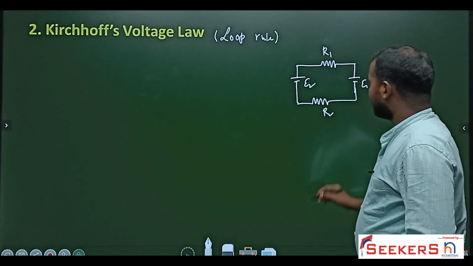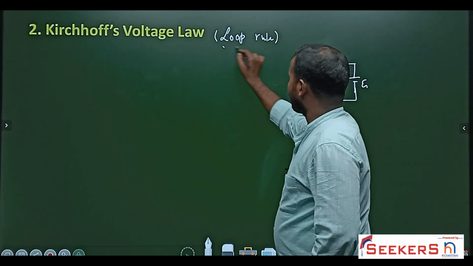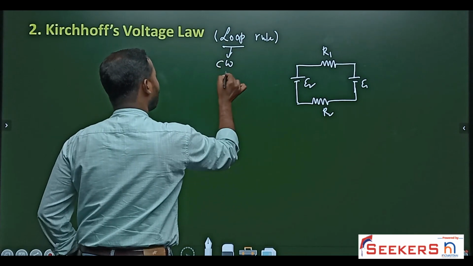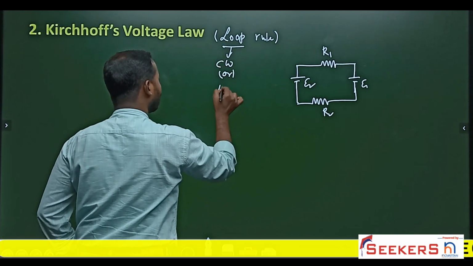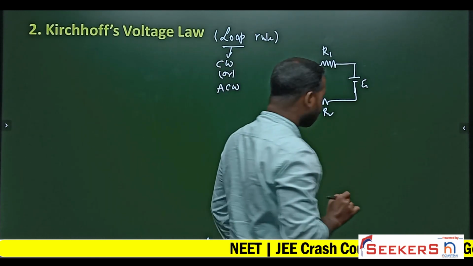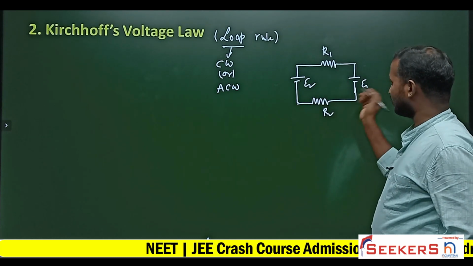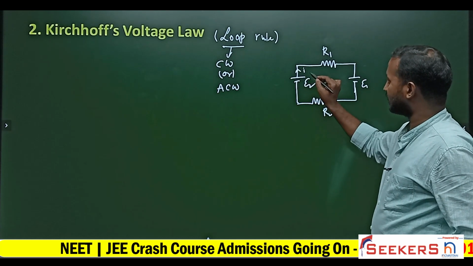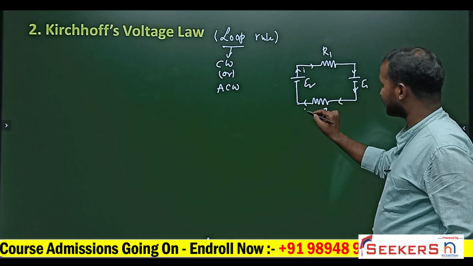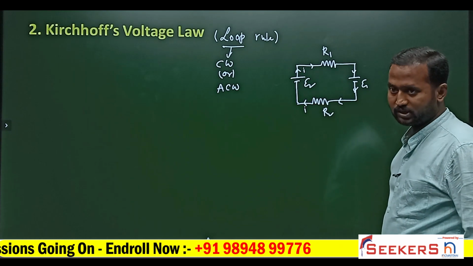Now we are going to consider a loop here, and the loop can be clockwise or anti-clockwise. You can take any way, no issues. But first of all, you have to select the current. Assume that E2 is greater than E1. Then let us say the current I is going like this. You have to define currents first in order to solve this.